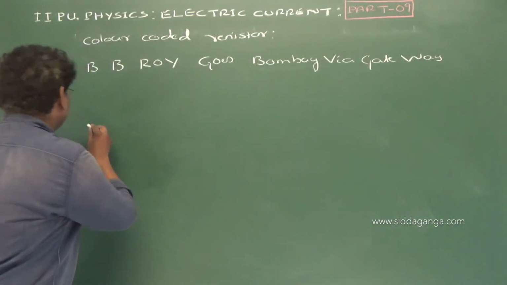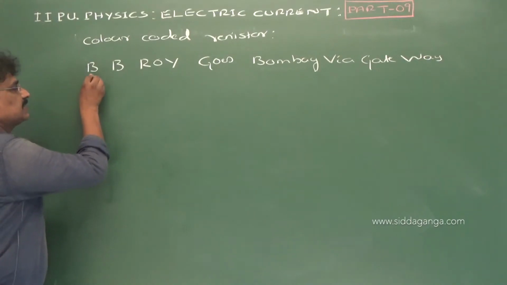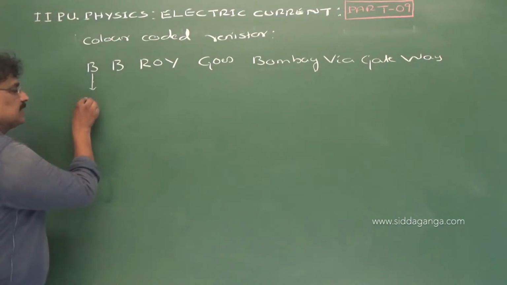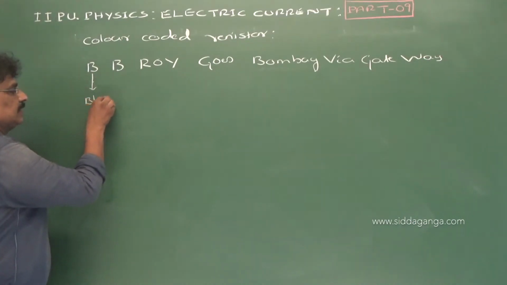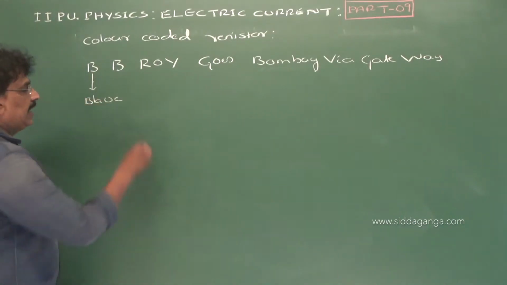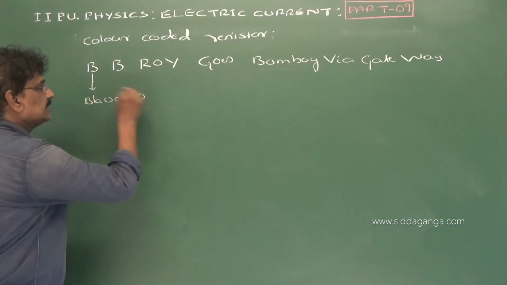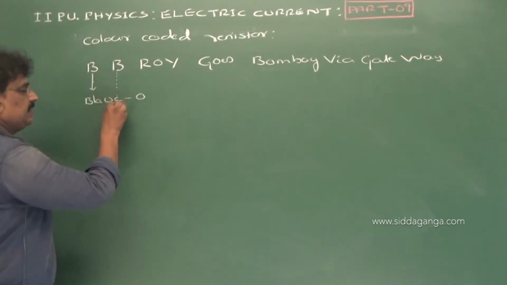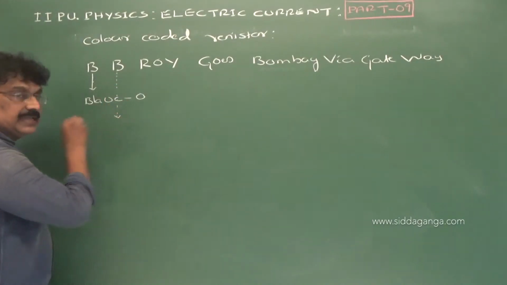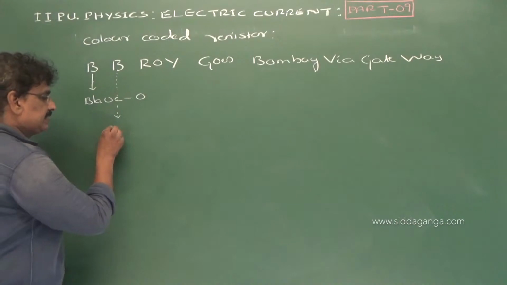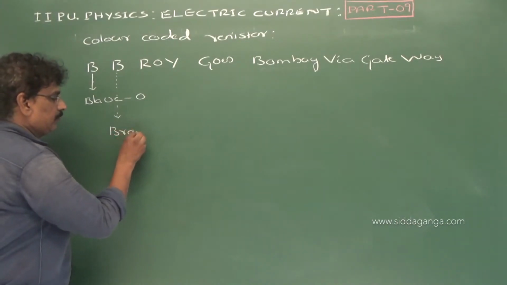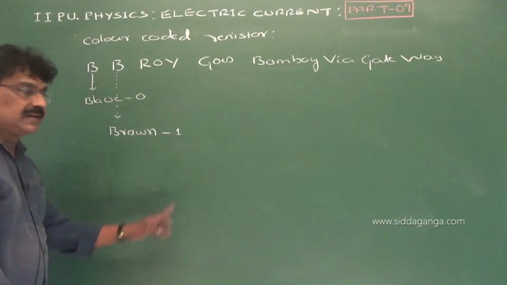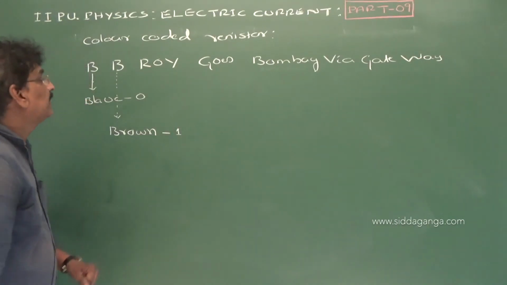Here this first B represents black, and that is 0. The second B represents the brown color, and it represents the digit 1.